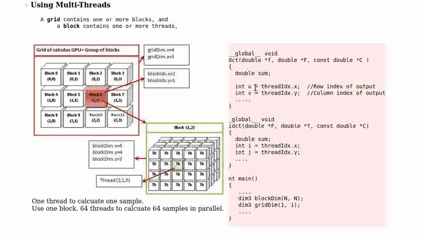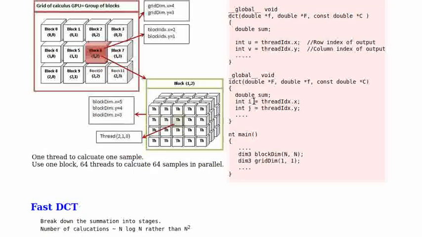Now we have 64 threads to do this. Each thread will do one FUV. For the inverse, again we use one thread to calculate one inverse value, one IJ. And then in the main, we need to declare the block dimension to be n times m. N is 8.